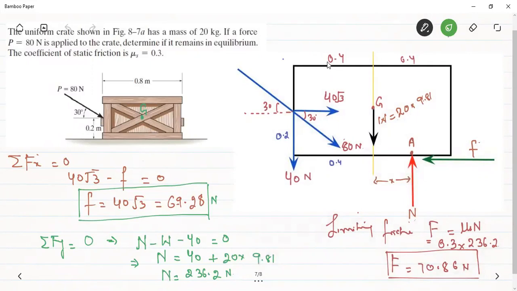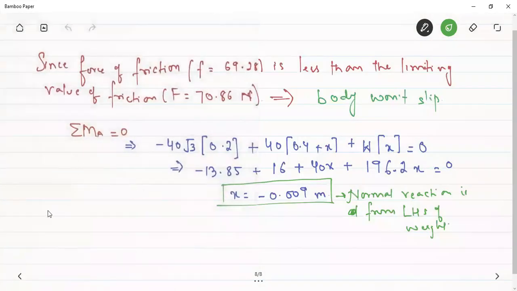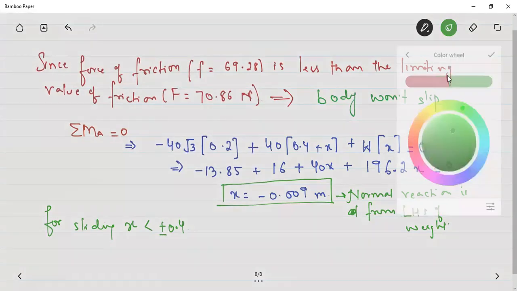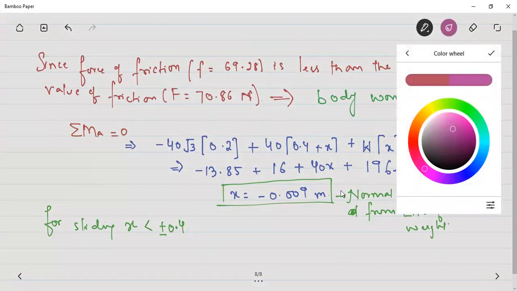It should not be equal to 0.4 or greater than 0.4, otherwise the body will tip. So the x value should be less than or equal to plus minus 0.4, and our x value is less than 0.4, therefore the body won't tip. This gives us the indication that the body won't tip.